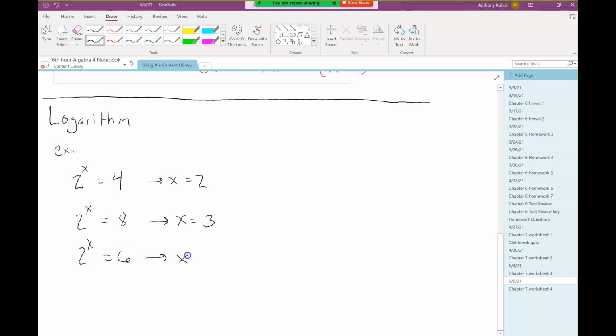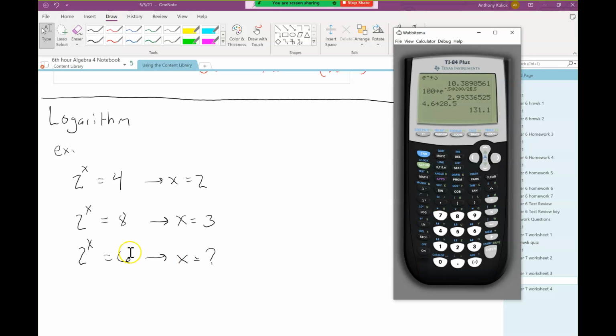What does x have to be in that situation? You think 2.5. That's not an unreasonable guess, right? 6 is halfway between 4 and 8. 2.5 is halfway between 2 and 3. Let's check. You can have a decimal as an exponent.